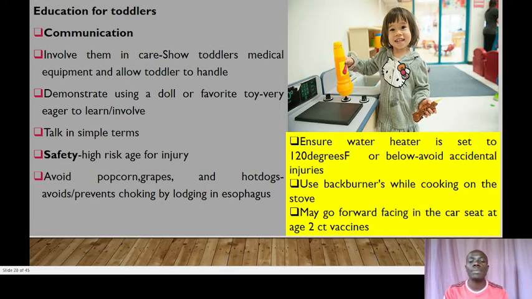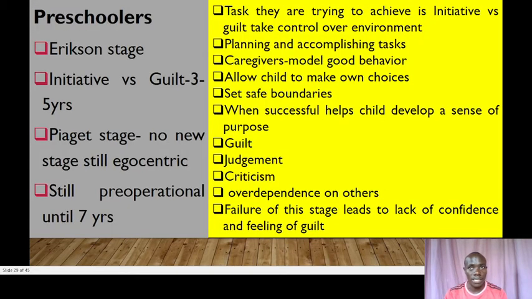You simply subtract 32 from 120. You get 88, divide it by 1.8, and you'll get 48.9 degrees Celsius. So use the back burners while cooking on the stove to avoid unnecessary burns. And you have to know that they can go forward facing in the car at this age too, and continue with the vaccination.